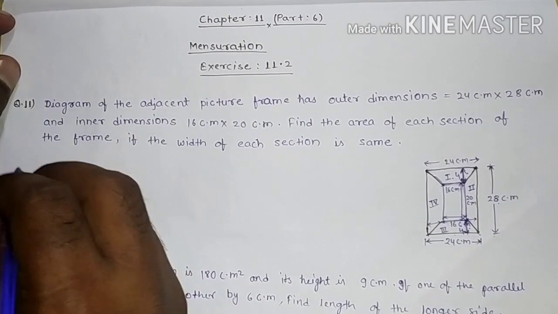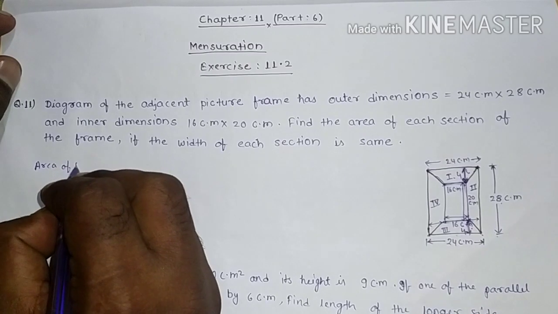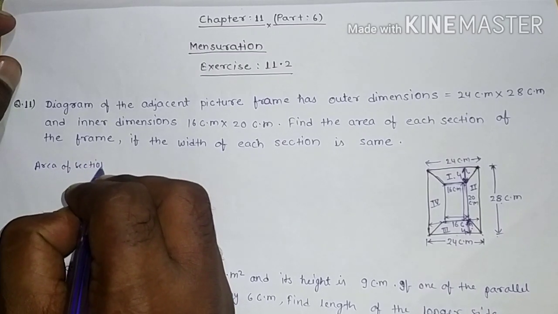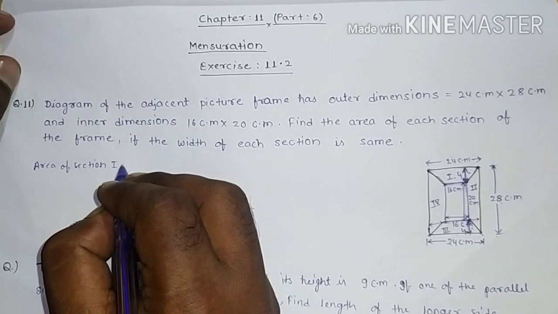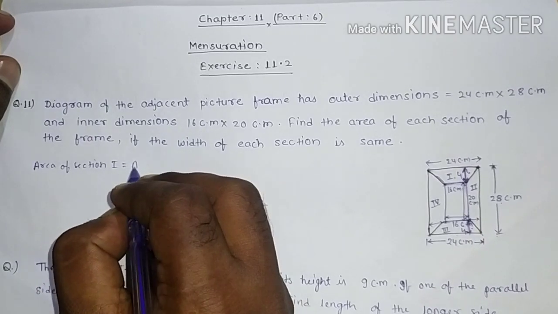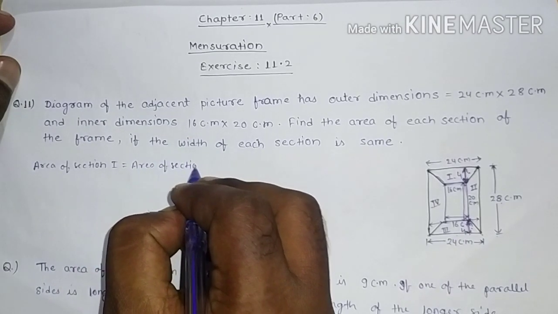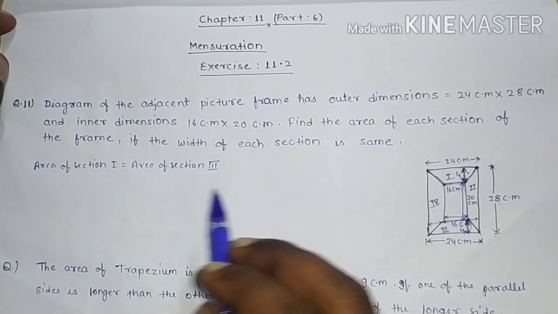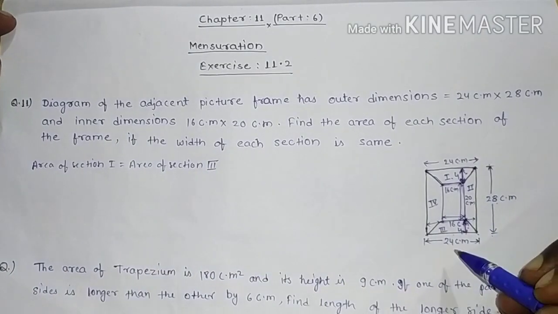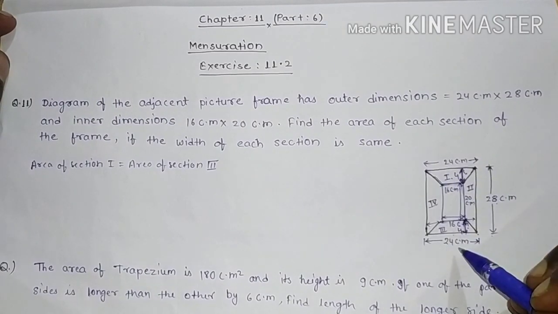So simply, area of section first equals area of section third. Both areas will be the same because the parameters given here are the same.